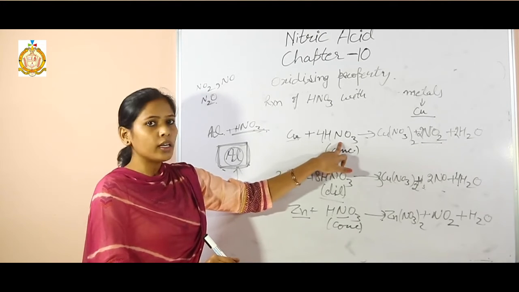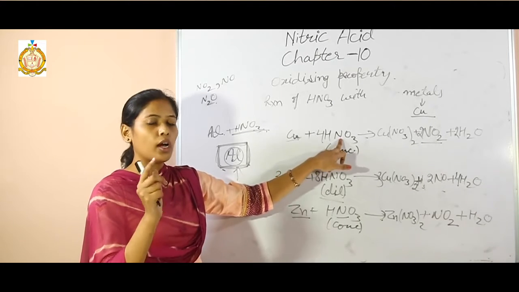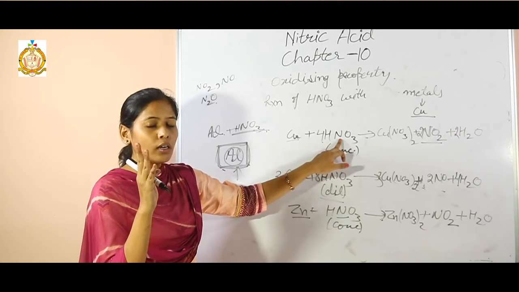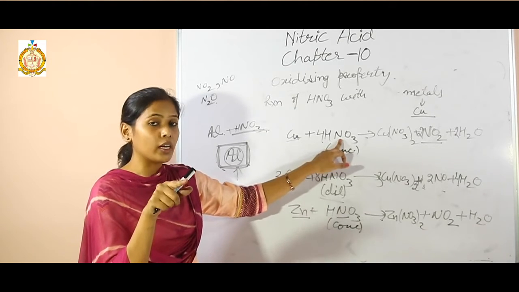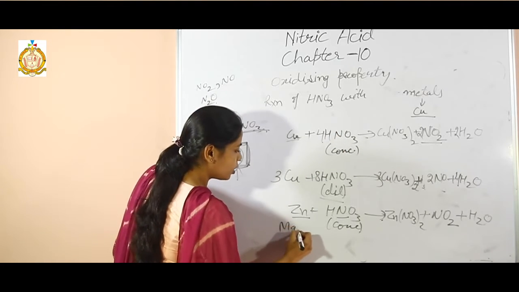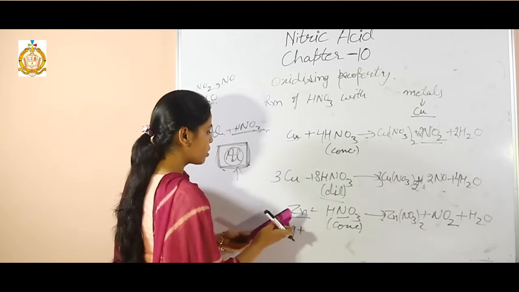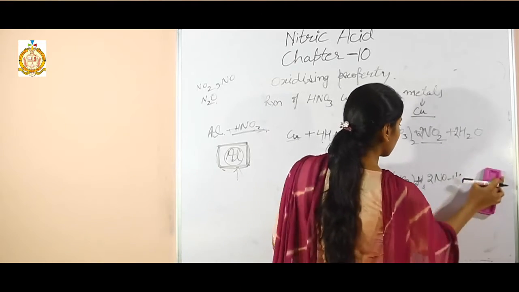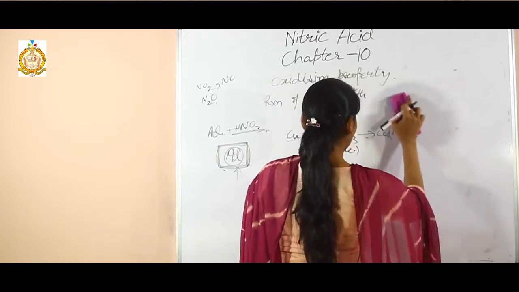But nitric acid can give hydrogen gas only with two metals. Those are magnesium and manganese. But the condition is that with magnesium and manganese, nitric acid can give hydrogen gas, but with the rest of the metals it does not.